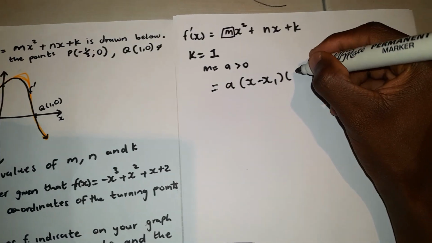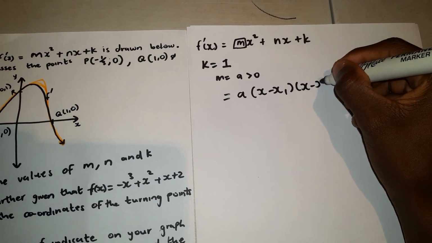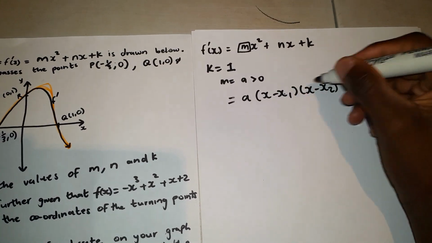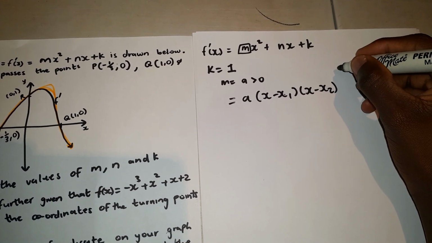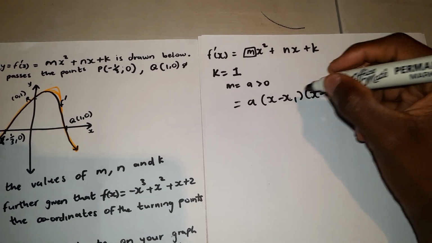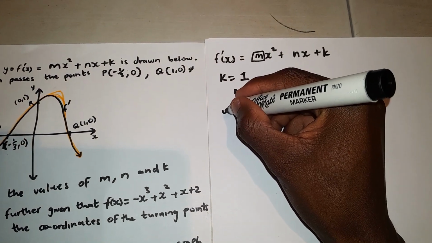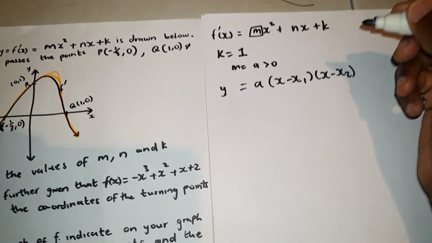So you can use this equation: y equals a times (x minus x1) times (x minus x2), where x1 and x2 are the x-intercepts, and here we'll be using the y-intercept.